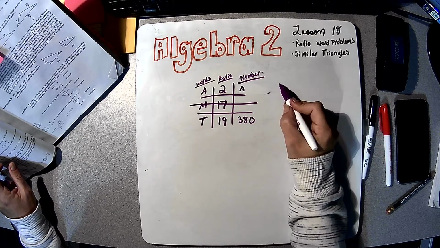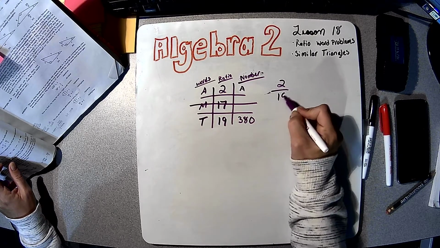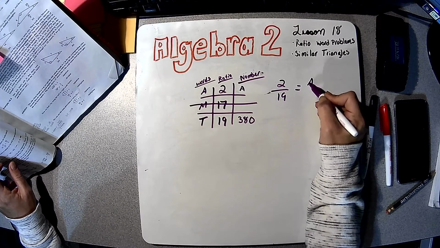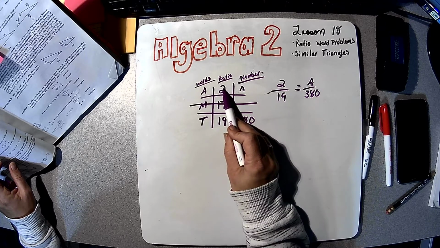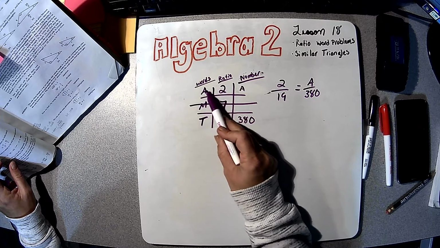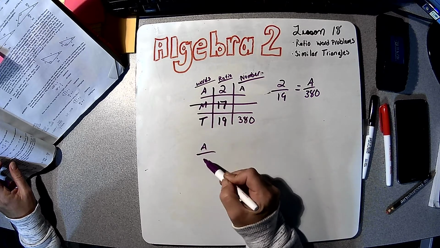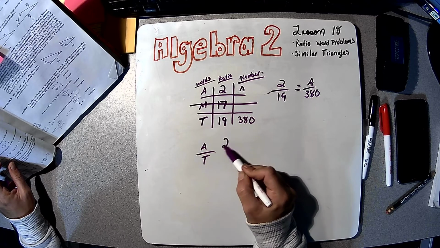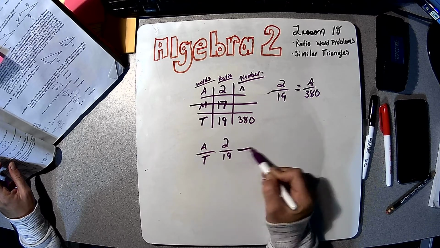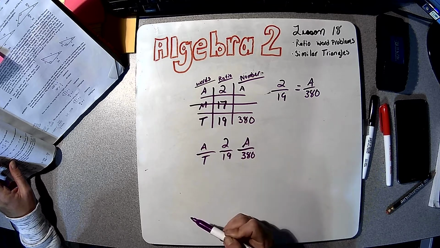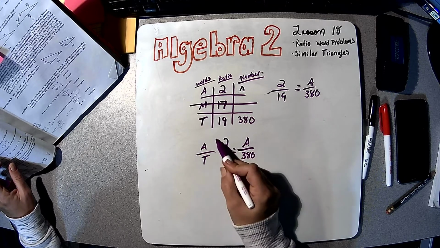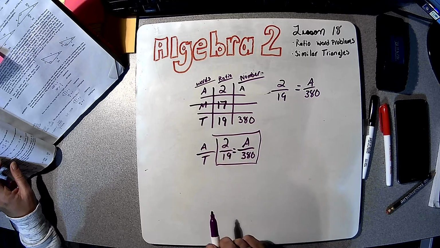So our ratio is 2 to 19 equals A to 380. Do you see how I just took these numbers from here, 2 to 19? I need Arabians to total, which is 2 to 19. And I know my total is 380, so I'm trying to find the number of Arabians. And there is the proportion I'm going to use.